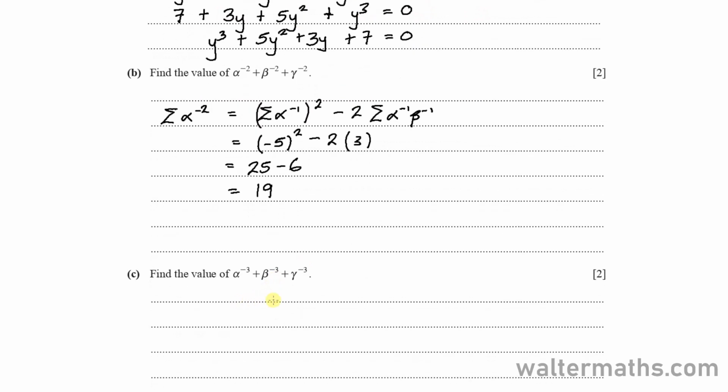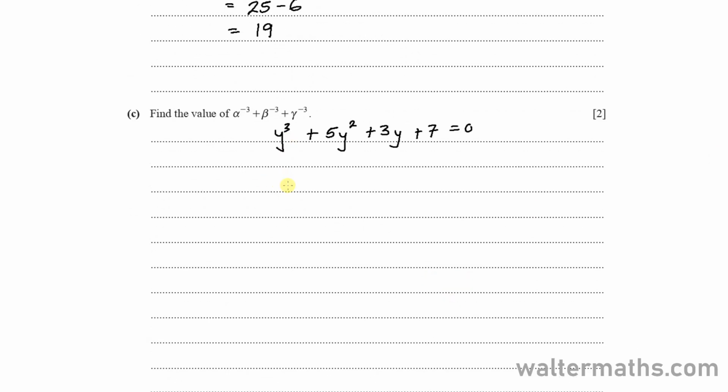That's y cubed plus 5y squared plus 3y plus 7 equal to 0. And I'll make y cubed subject, so y cubed is equal to minus 5y squared minus 3y minus 7.